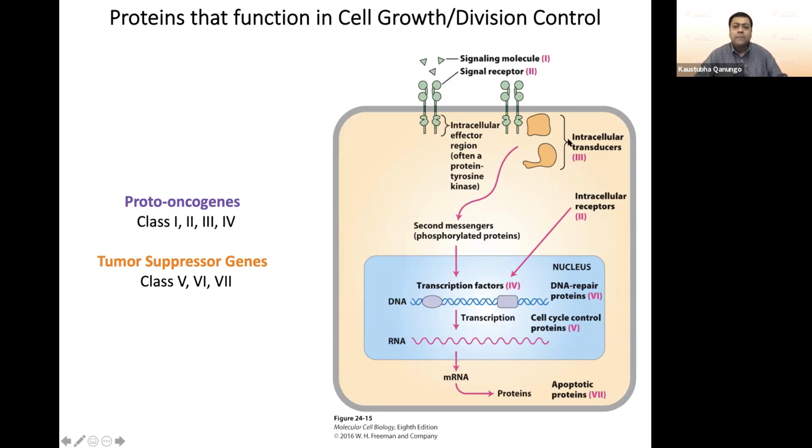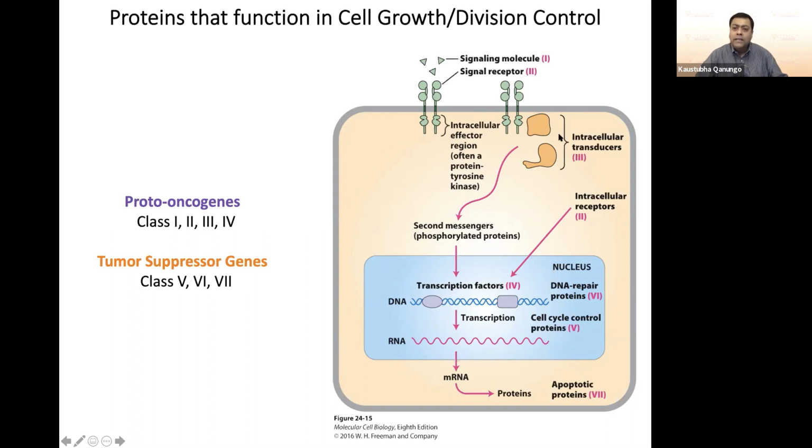The third type are called the intracellular transducers. So think about that. If we are talking about the tyrosine kinase, your intracellular transducers are your RAS, then your RAF, then you have your MEK, then you have your MAP kinase.